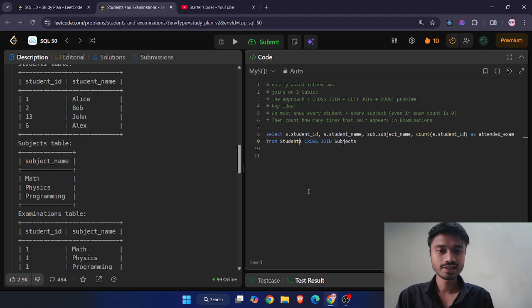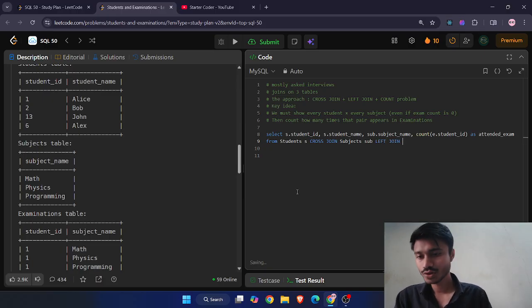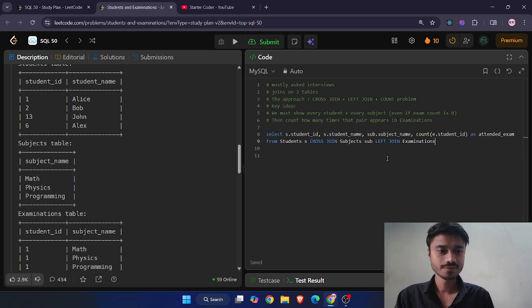We need to give the alias as well: students s cross join subjects sub, and then left join with the examinations table.